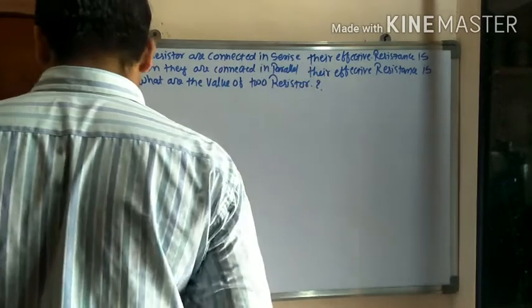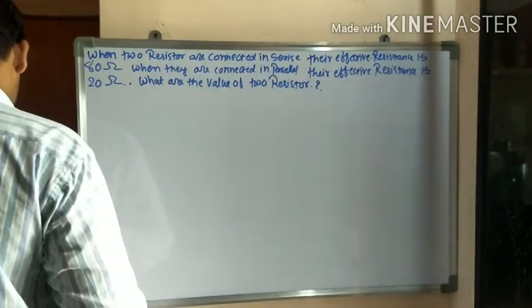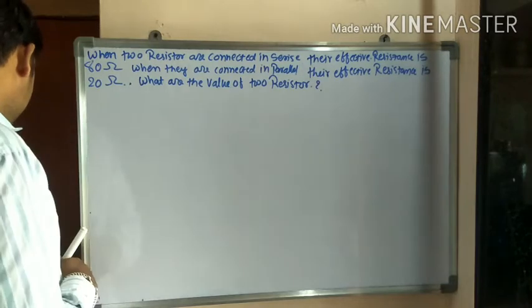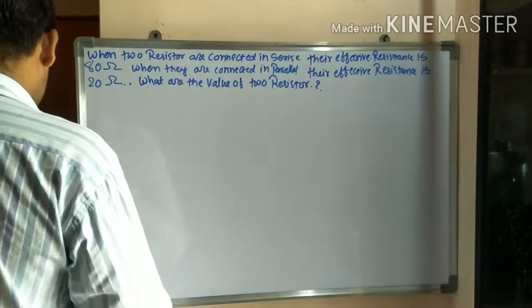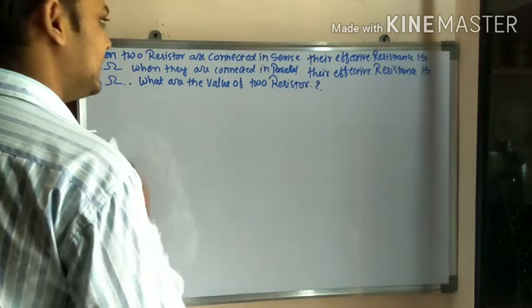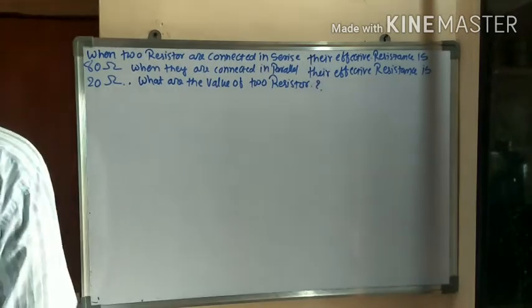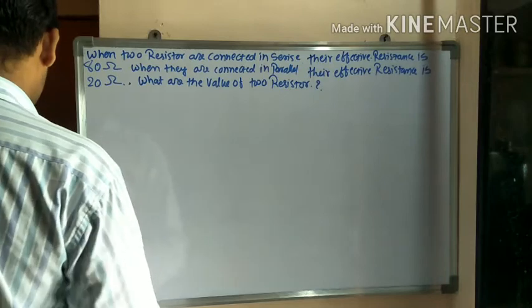What are the values of the two resistors? Here we have a numerical exactly like this: two resistors, R1 and R2. When they are connected in series, their effective resistance is also given.